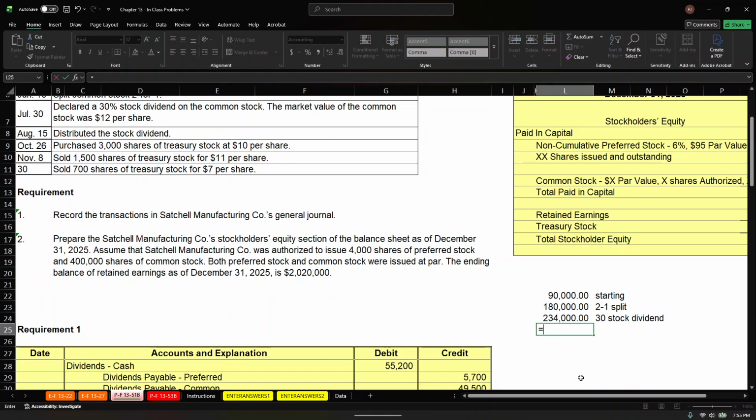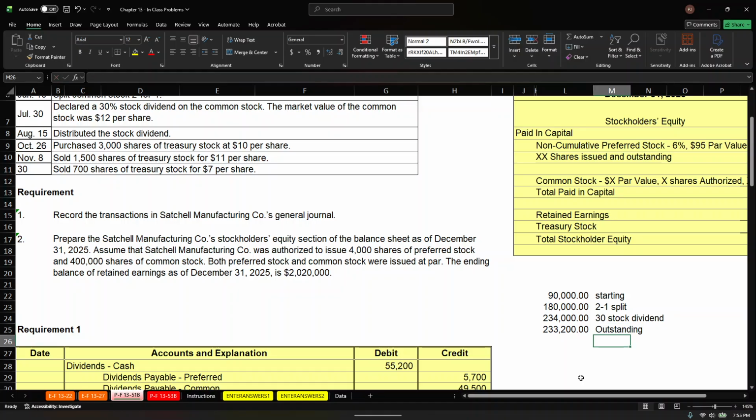So I just reduced this by 800 shares, and this is the number of outstanding shares. The number of issued shares is this, 234,000. That's the total number that were floating around before the treasury stock transactions.